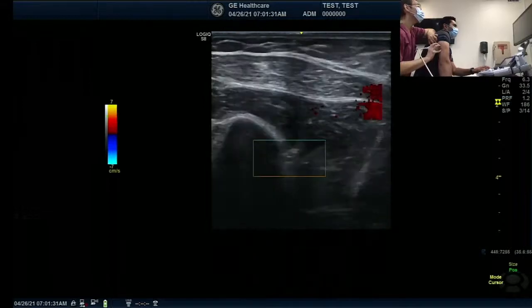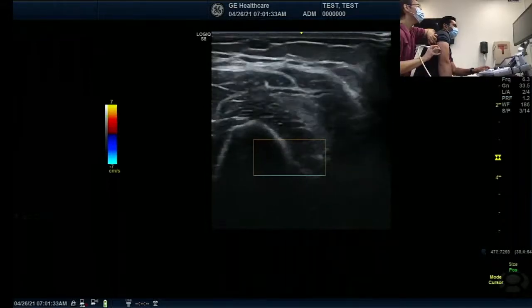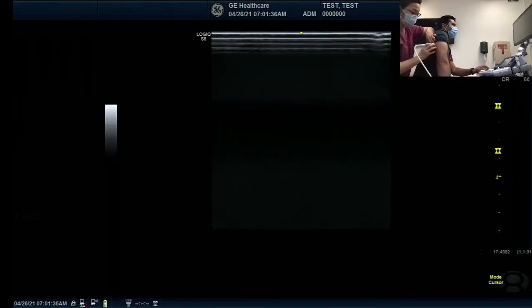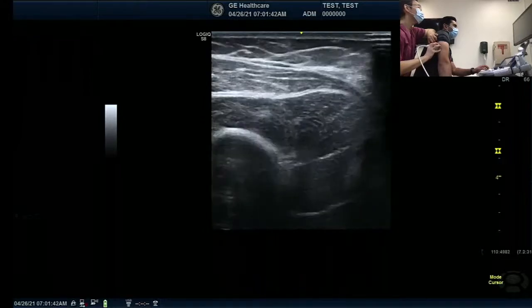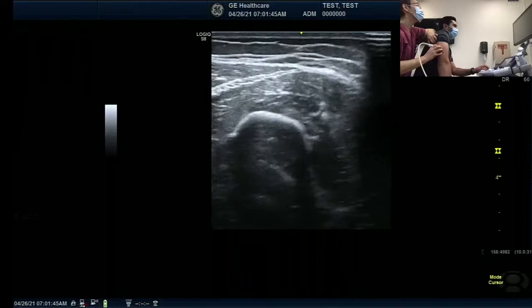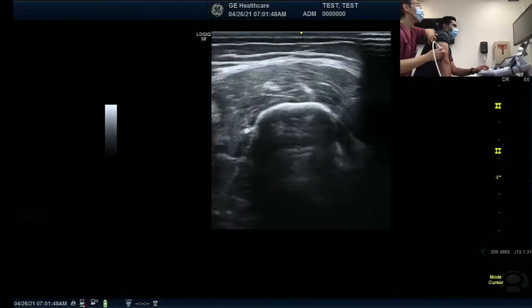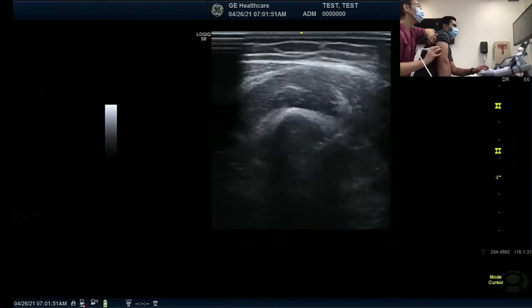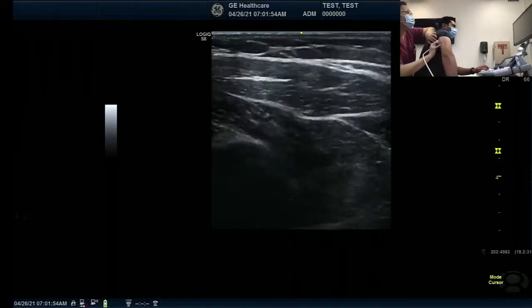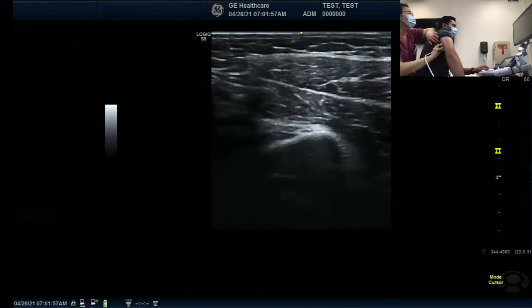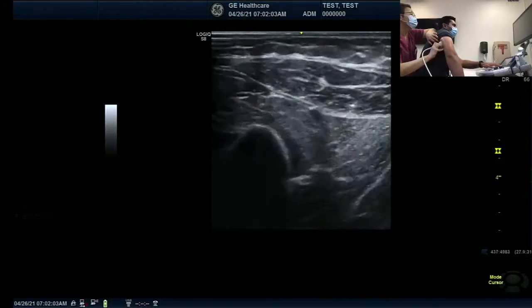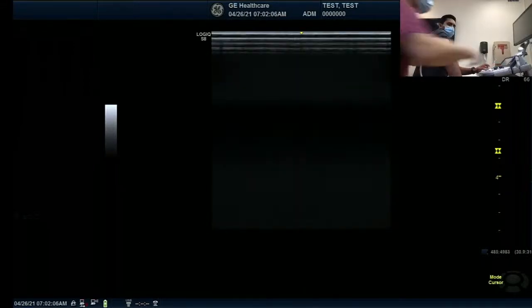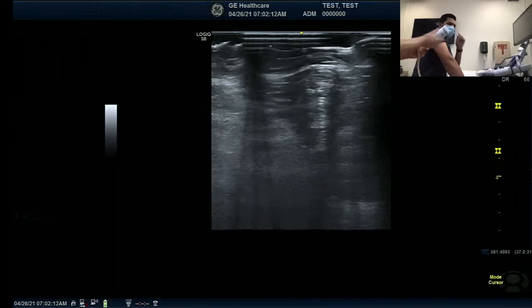Where did it go? I kind of lost it, right? It was from here, right? So you can see the radial nerve on the bone. It's moving. I think I'm having trouble, which makes sense because we never went to the posterior part.